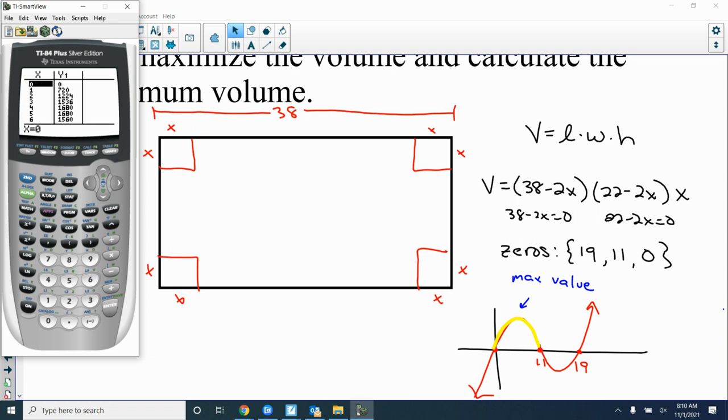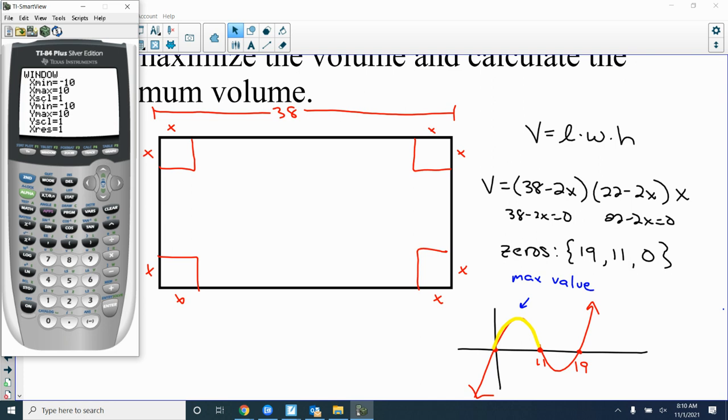So I look here, I go 1, 2, 3, 4, 5, 6. Like I said, our main thing was from 0 to 11. Well, my highest point is 1680 between there. So that's the Y value. X values, negative 10 is fine. That doesn't hurt anything.